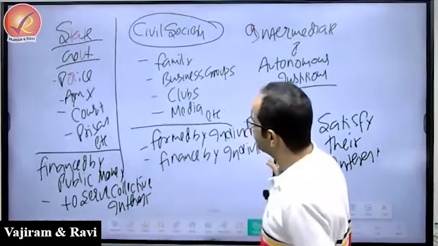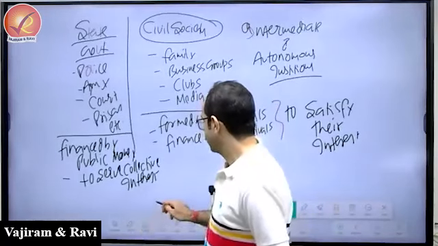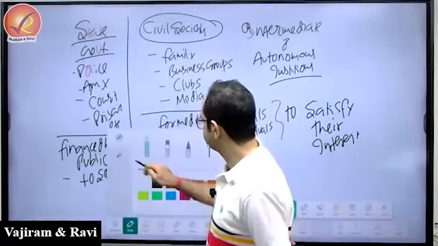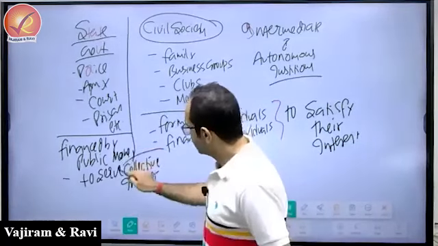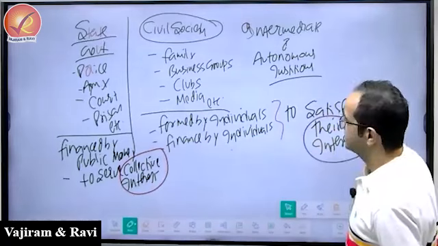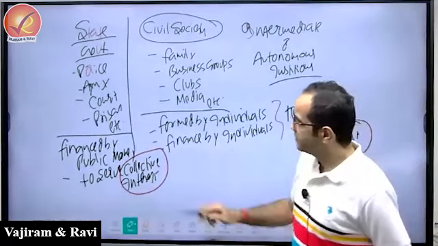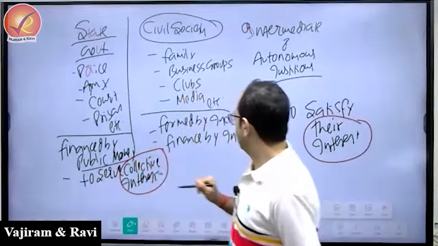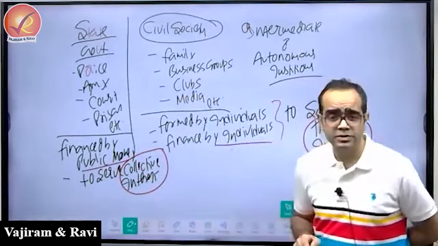This is what differentiates the state from civil society. So you have to understand that collective interest and individual interest: these are financed by public money and these are financed by individuals.